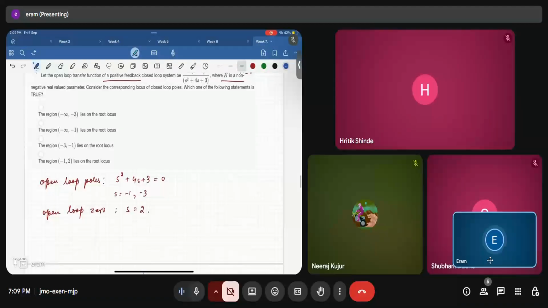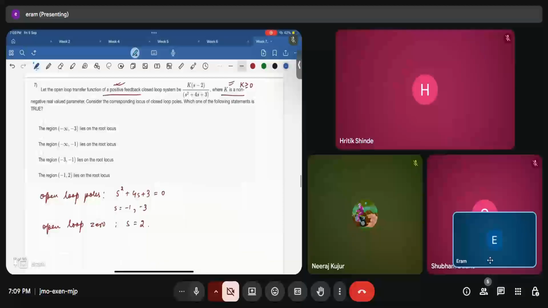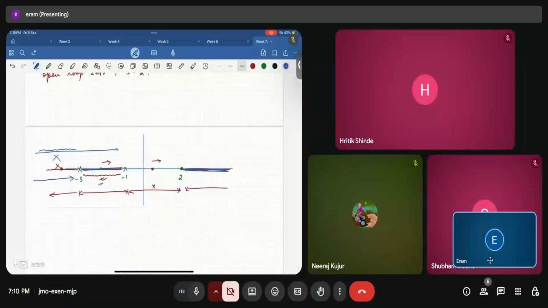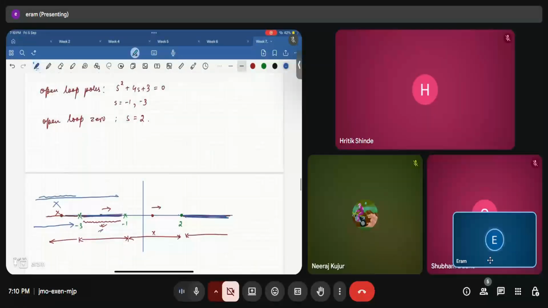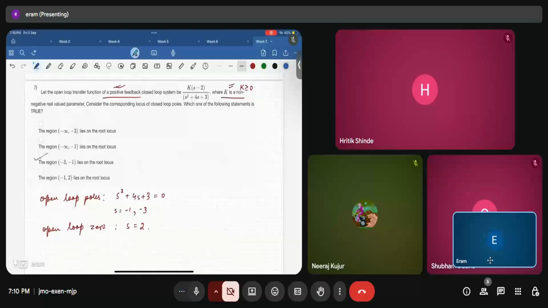Minus infinity to minus 1, no, because minus infinity to minus 1 will include this region as well, which is not the part of root locus. The region minus 3 to minus 1, yes, this part is on the root locus. And the region minus 1 to 2, no, this is not the part of root locus. So the correct option is the third one.